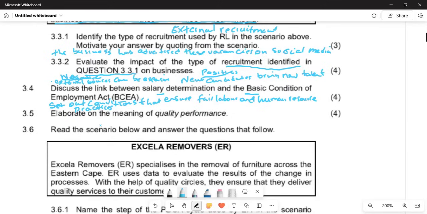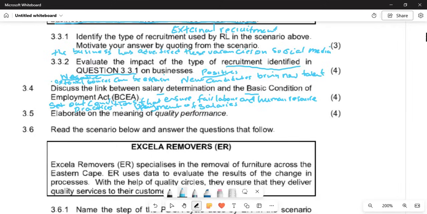Also, we can talk about the payment of salaries. The payment of salaries should be based on whether the employee is permanent or employed on a fixed contract.